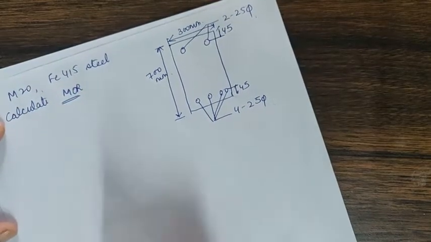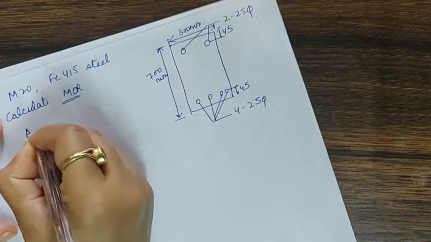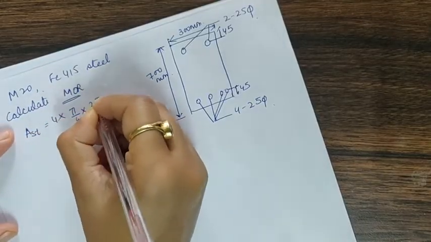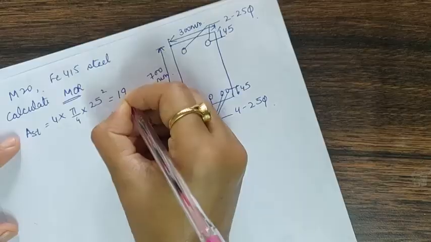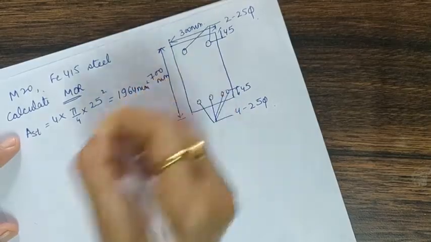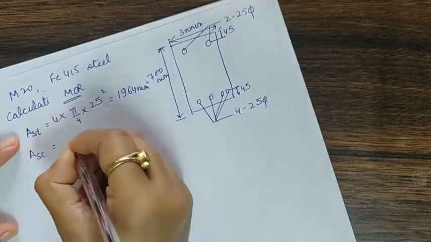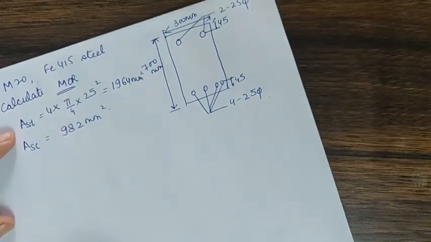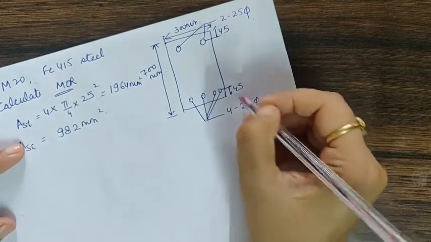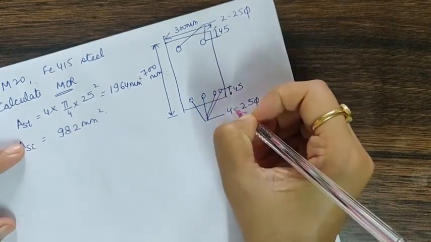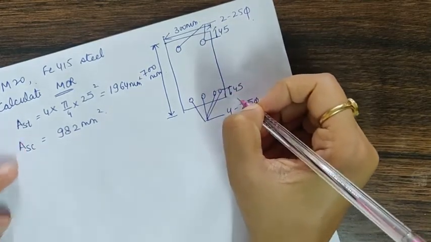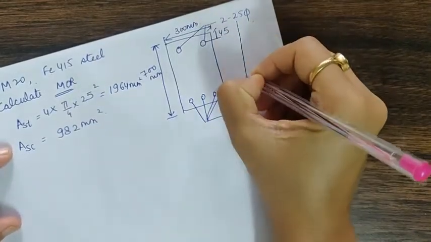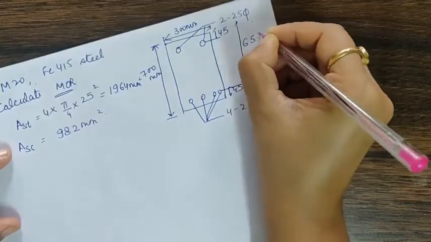Let me quickly find out how much is AST. We are using 4 bars 25 mm dia, so it is coming out to be 1964 millimeters square. Similarly, ASC is coming out to be 982 millimeter square. See the value of D dash, the value of D is up till this point, this is 655.